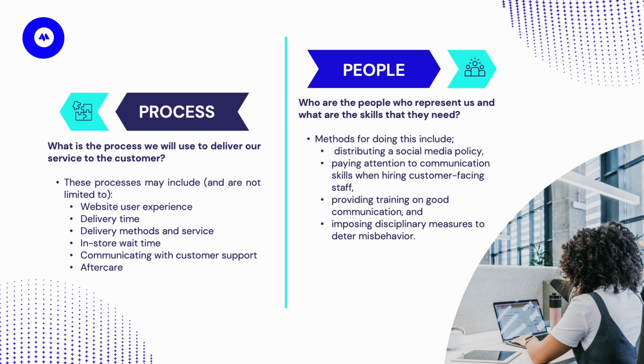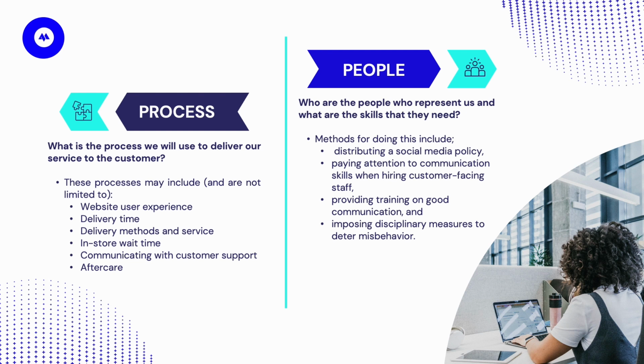So as I talked about the delivery time, giving the example of Amazon, there's also website user experience, using AI and other technologies to make the experience much more fun and memorable for the customers, and the information that is given is all part of the processes. You have the delivery methods and services.